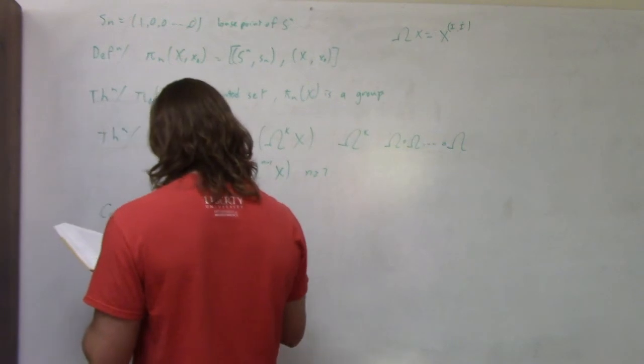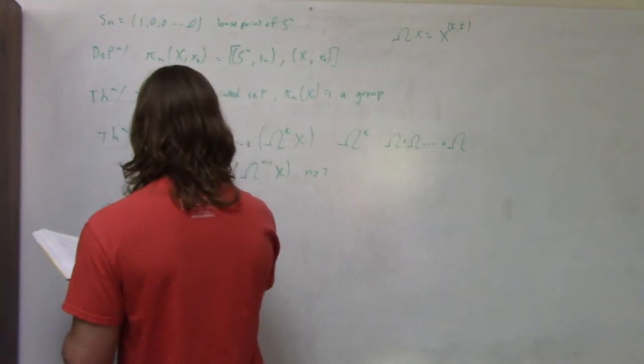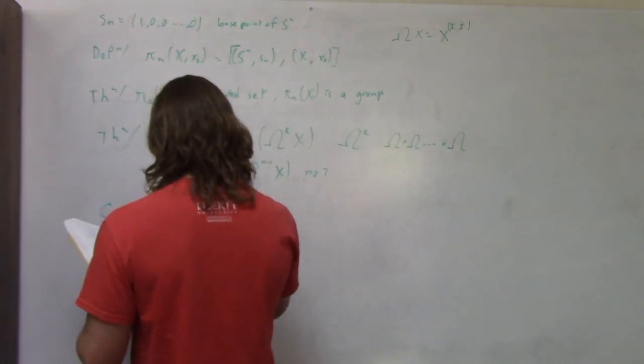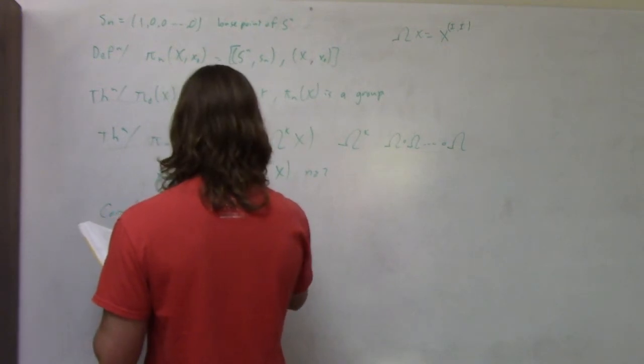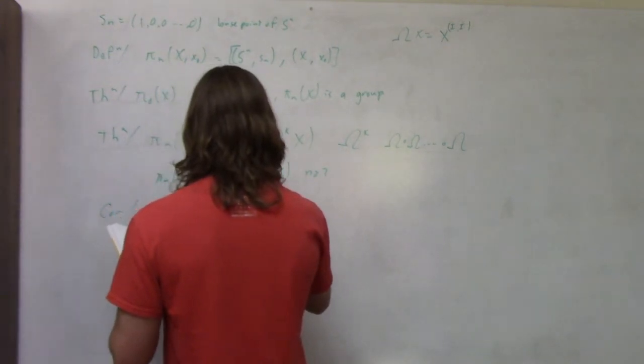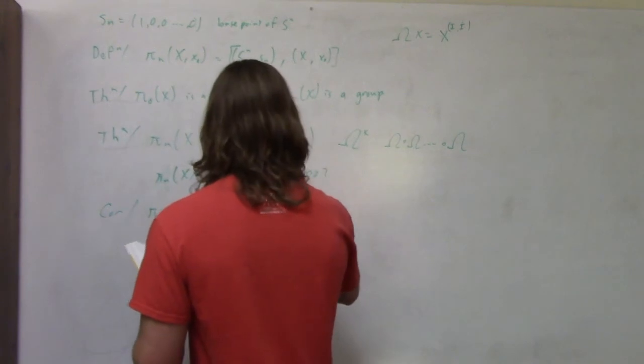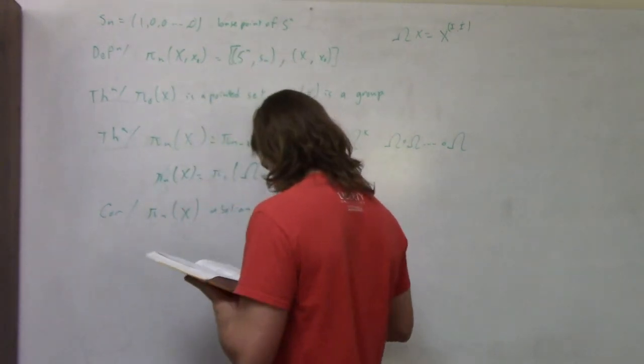Corollary: pi n of x, if x is pointed, is abelian for n greater than or equal to 2.